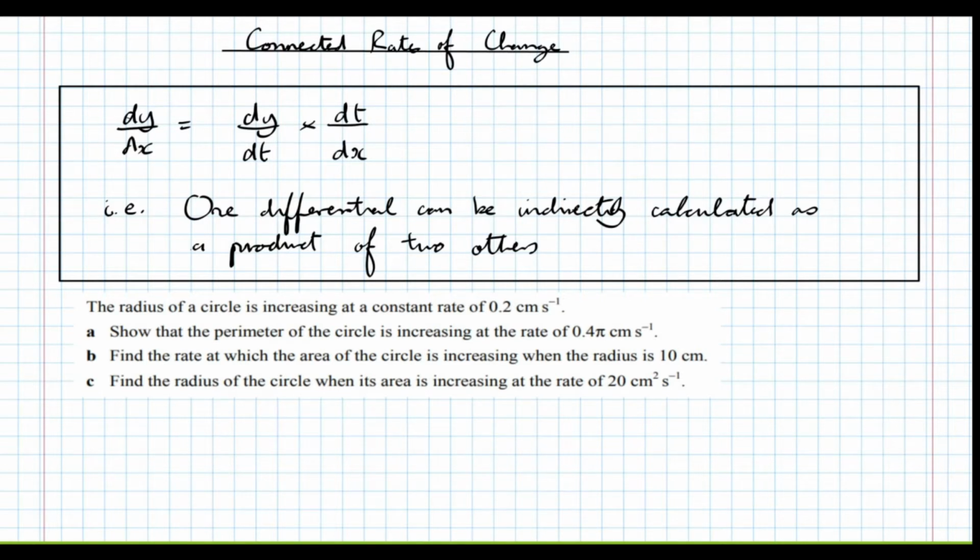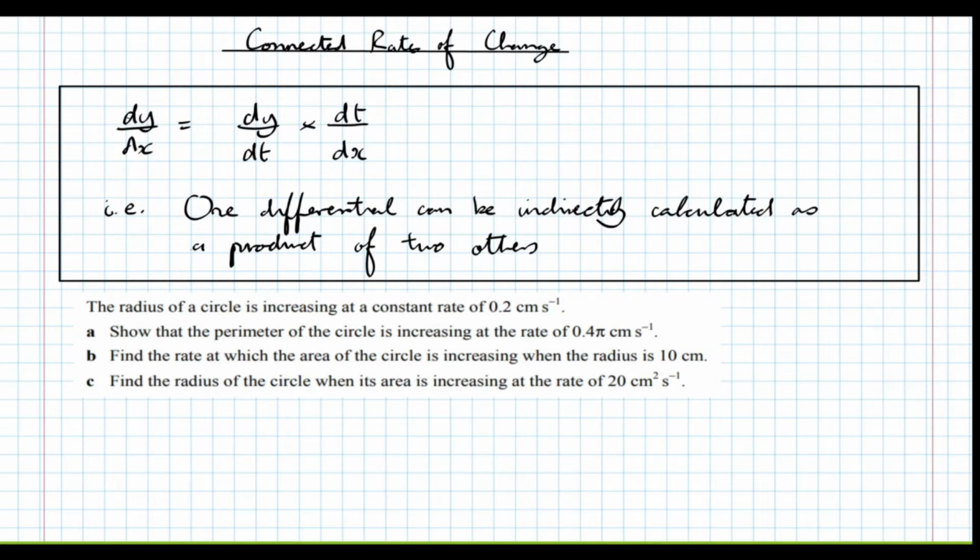But basically it says the radius of a circle is increasing at a constant rate of 0.2 centimeters per second. Show that the perimeter of the circle is increasing at a rate of 0.4 pi centimeters per second.